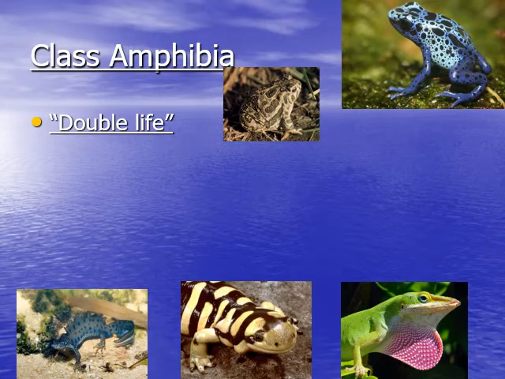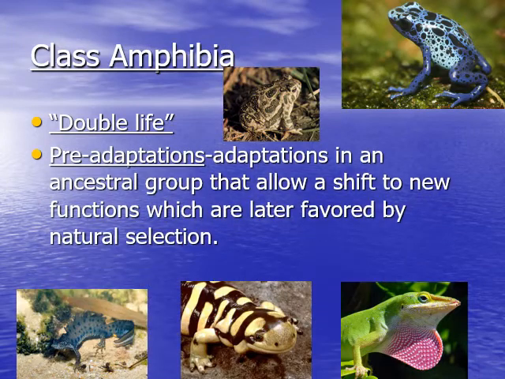So Amphibia means double life, and that is used to describe that the amphibians spend some of their life entirely in water and some of their life on land. So double life, that's what that means for Amphibia. We'll be talking about pre-adaptations in amphibians and amphibian ancestors.